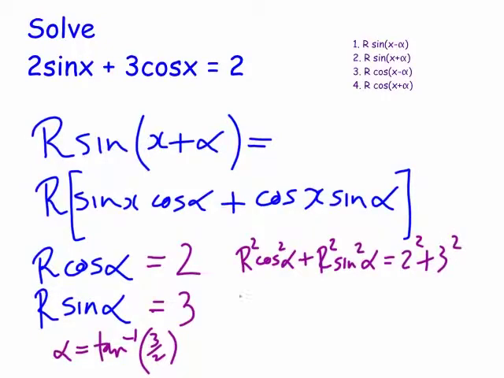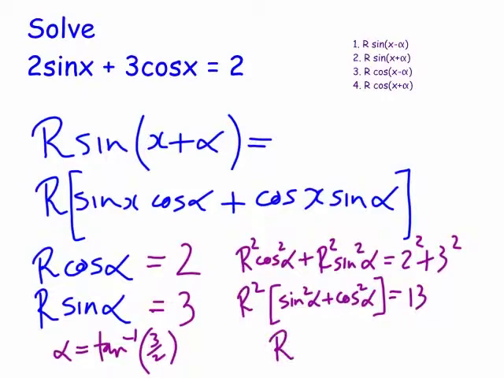You can see here we have an r squared outside of a sine squared alpha plus a cos squared alpha. Famous identity there. Is equal to 9 and 4, 13. So hopefully we can see that taking r as positive, should equal the square root of 13.